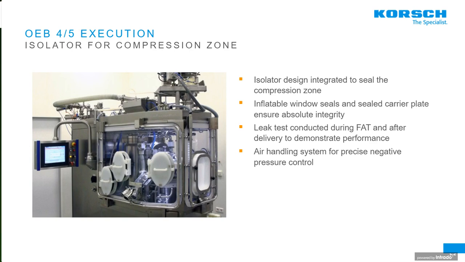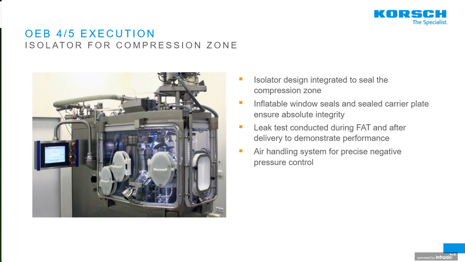When we talk about the isolator, it's really a critical component. The design of the machine is an open and accessible machine without corner columns, which lends itself very well to the application of a barrier isolator around the compression zone.